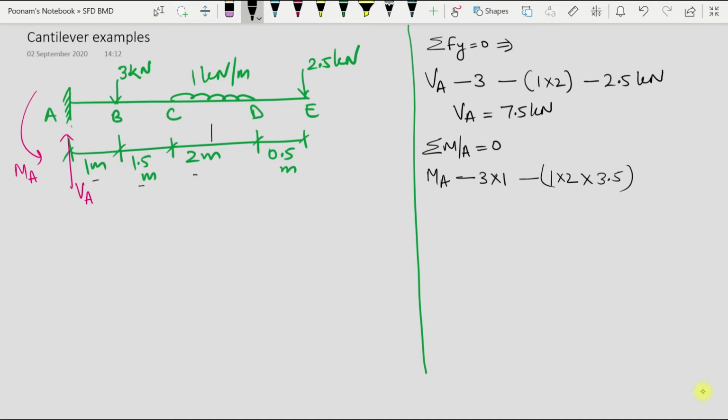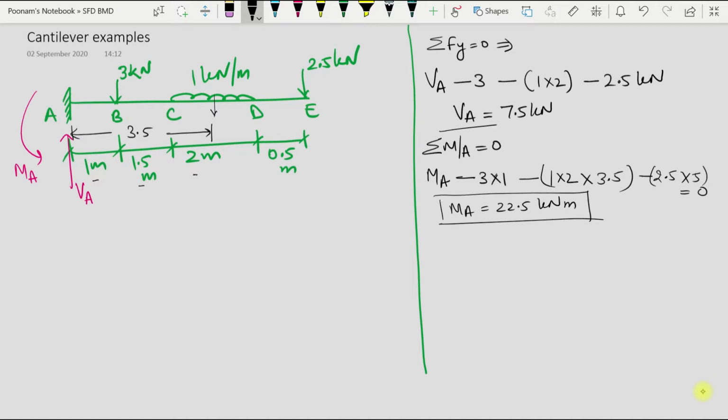I will mark the distance here, it will be 3.5, and the total UDL will be assumed to act here. Now the last load minus 2.5 into the total span, the length of total span is 5 meters, so into 5 is equal to 0. So my MA will be 22.5 kilonewton meter. So these are my support reactions, this one and this one.